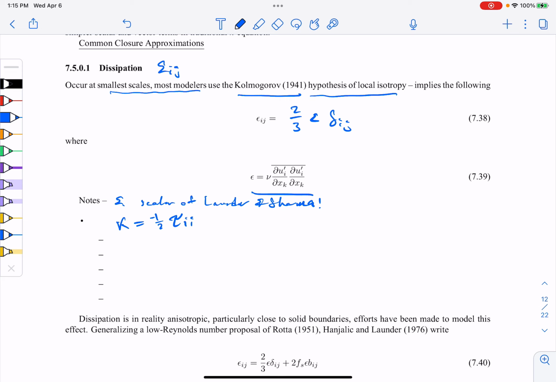And with other simple models, we need to establish a procedure for determining epsilon. And most researchers that I've seen are using epsilon as an equation as formulated in the k-epsilon model.